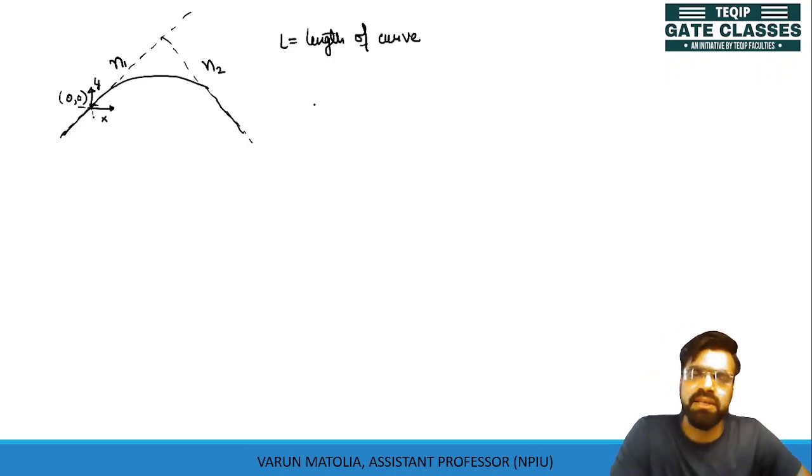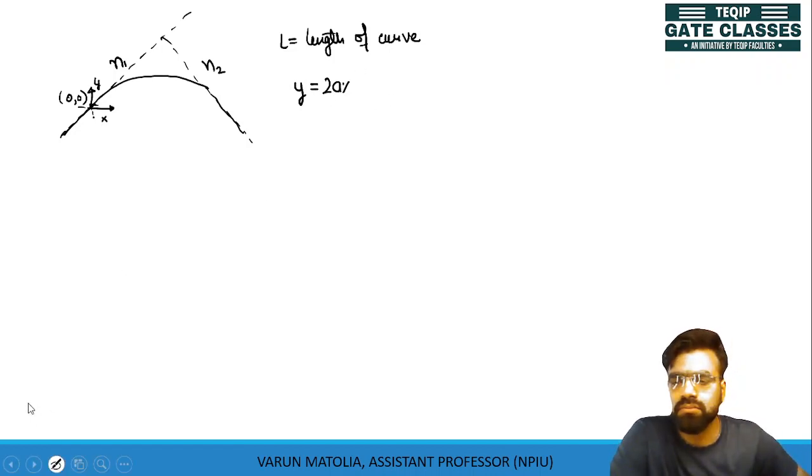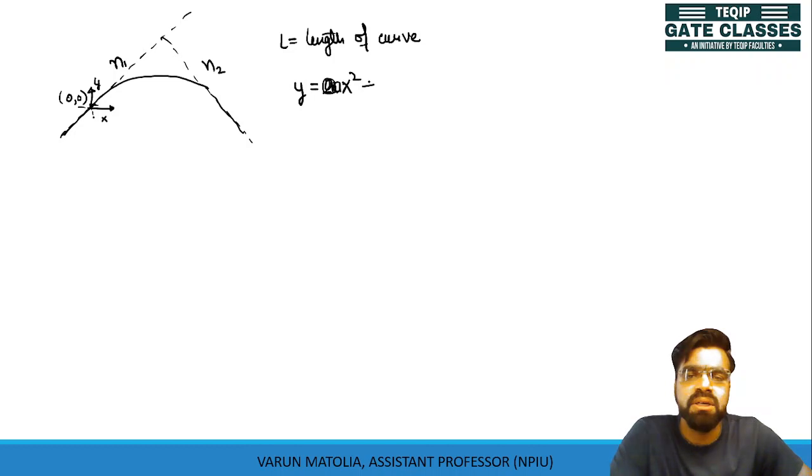As we have already discussed that the equation of this curve will be a square parabola, so we can write this equation as y equals ax square plus bx plus c.